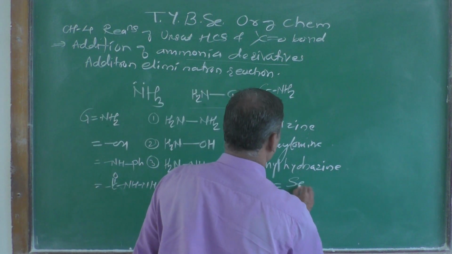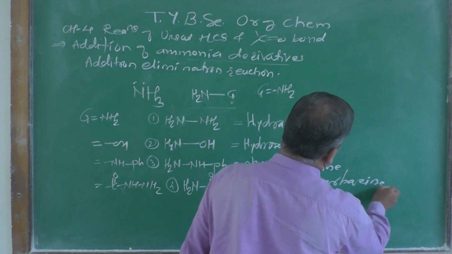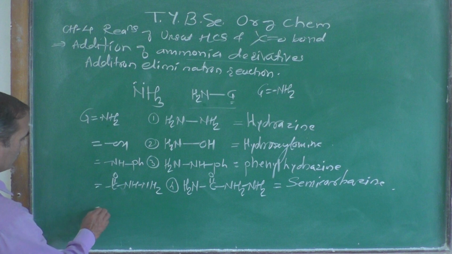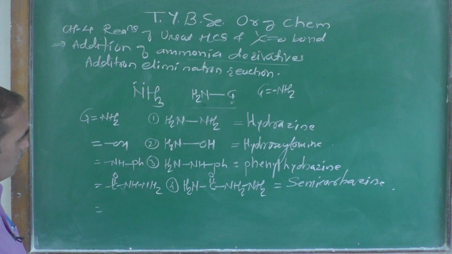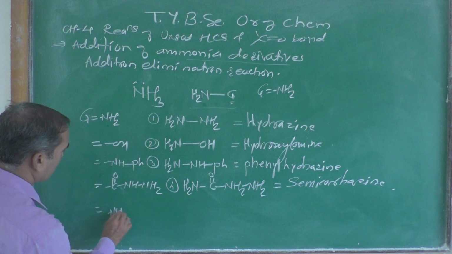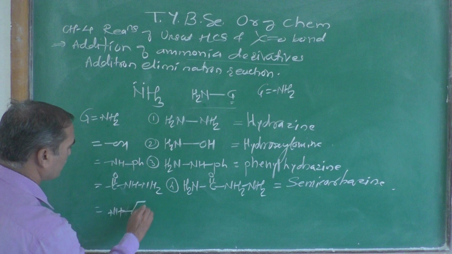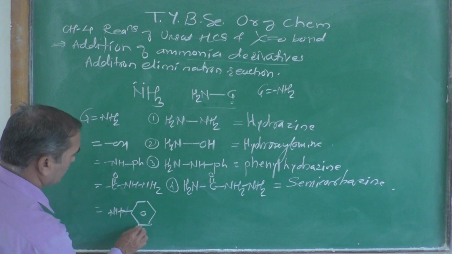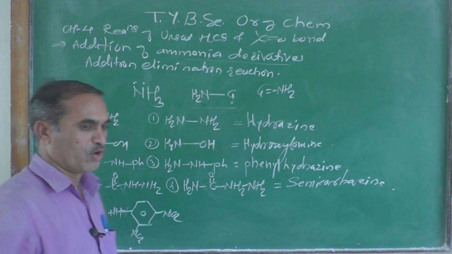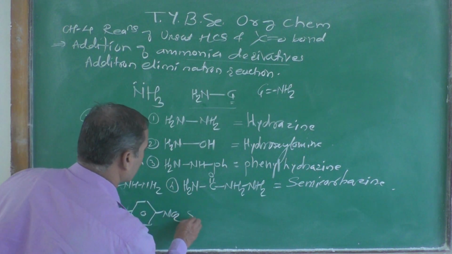The name of this compound is semicarbazine. Now I am going to take another one. This one: NH, then NH, and this benzene ring gets substituted with a nitro group at the 2 and 4 positions. This is the fifth one.